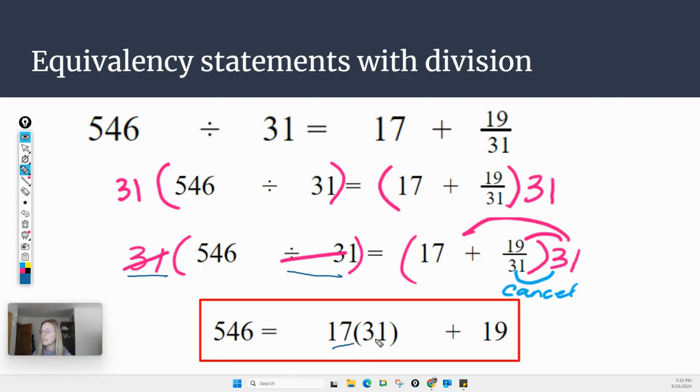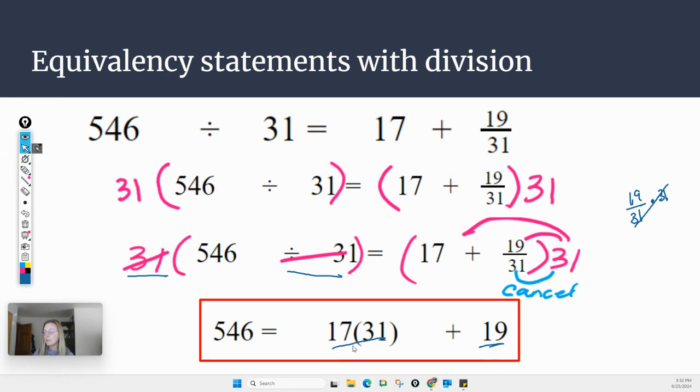So this 17 is being multiplied by 31, but the 19/31 is also being multiplied. But remember what a fraction means? That fraction really means division. So if I have 19 that is being divided by 31, and now I'm multiplying by 31, these guys are going to cancel. That just leaves me with a 19.